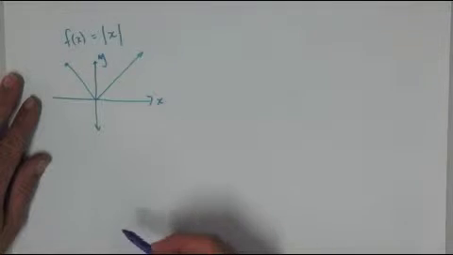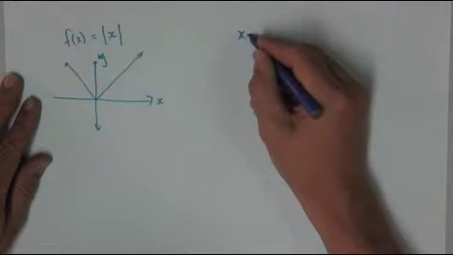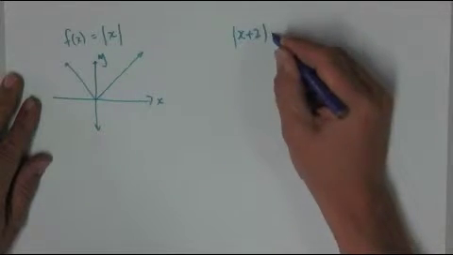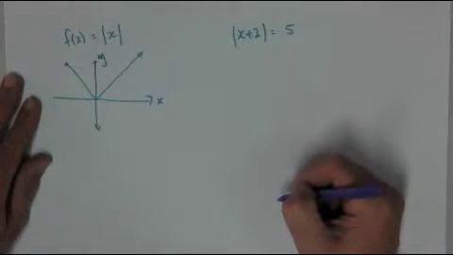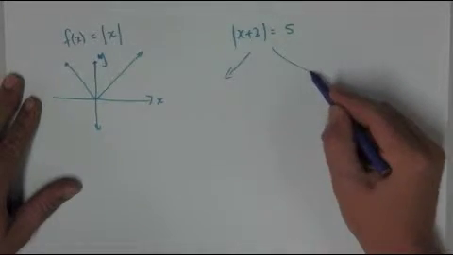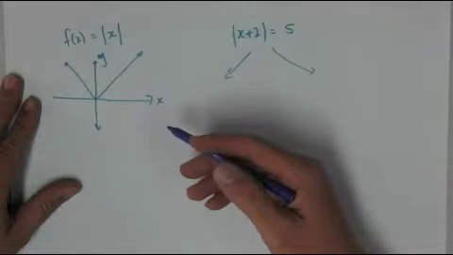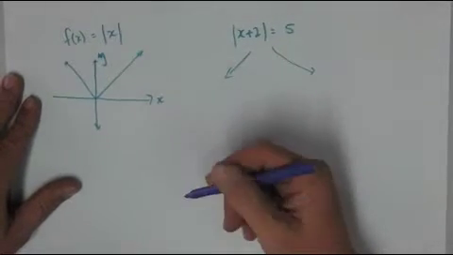So what this means is that if I had a function, for example, the absolute value of x plus 2, but I was making it equal to 5, then I have two situations that I need to look at here. I need to look at where x plus 2 is negative in answer, and also where it is positive in answer.